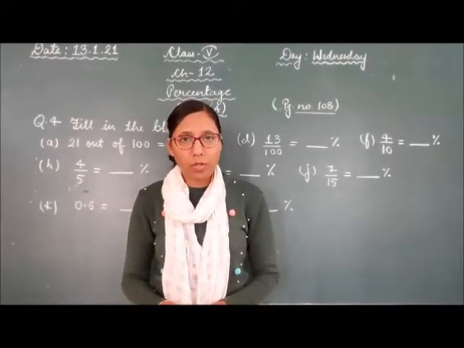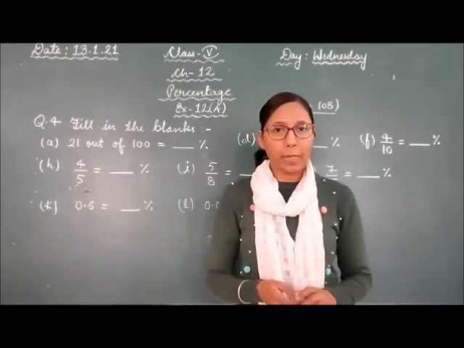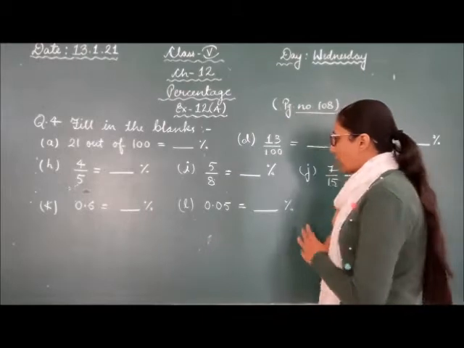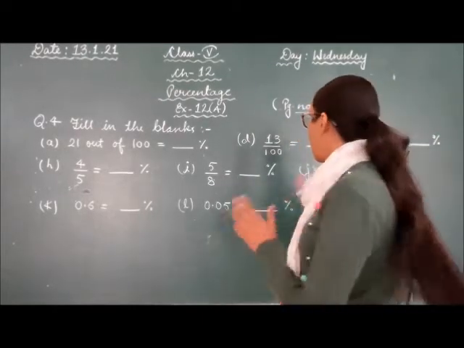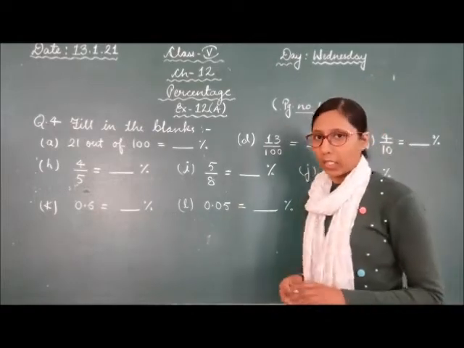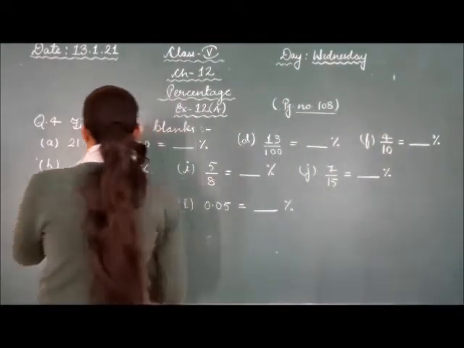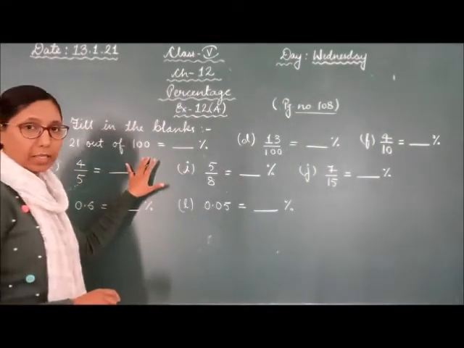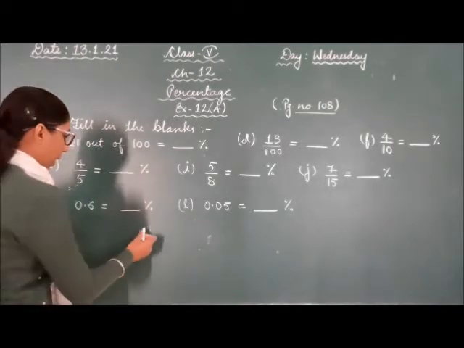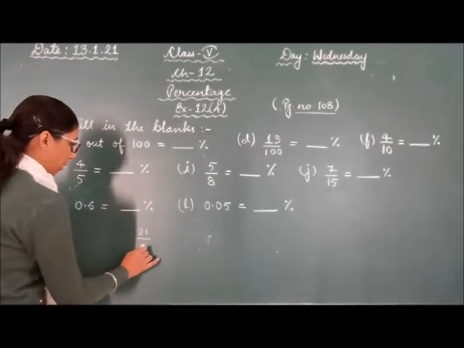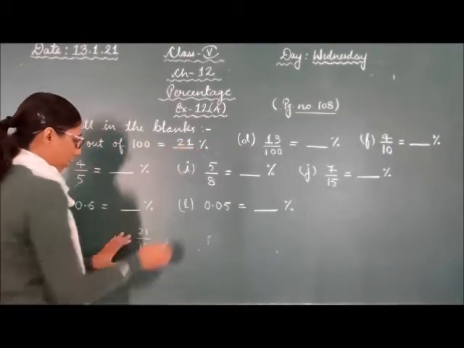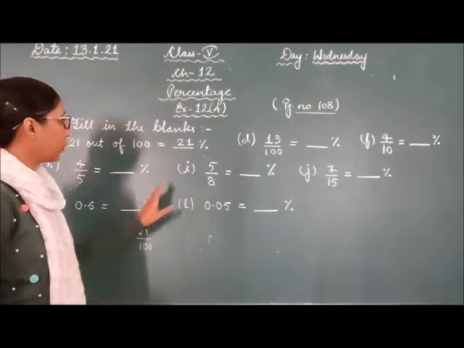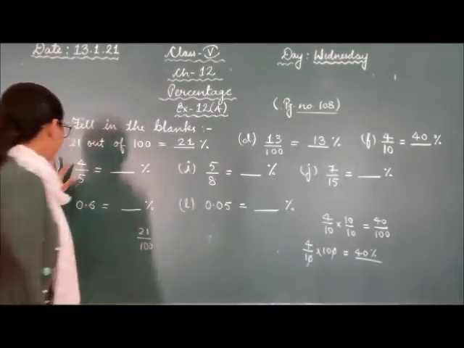We are going to solve question number 4, which is filling the blanks, in which these fractions, decimal numbers and some parts we are going to convert it into percentage. So first of all, A part is given 21 out of 100. So out of 100 we are going to write like this only, 21 by 100, and this is 21% only, because whenever 100 comes in the denominator we are going to make it as a percentage sign. So then 4 by 5.